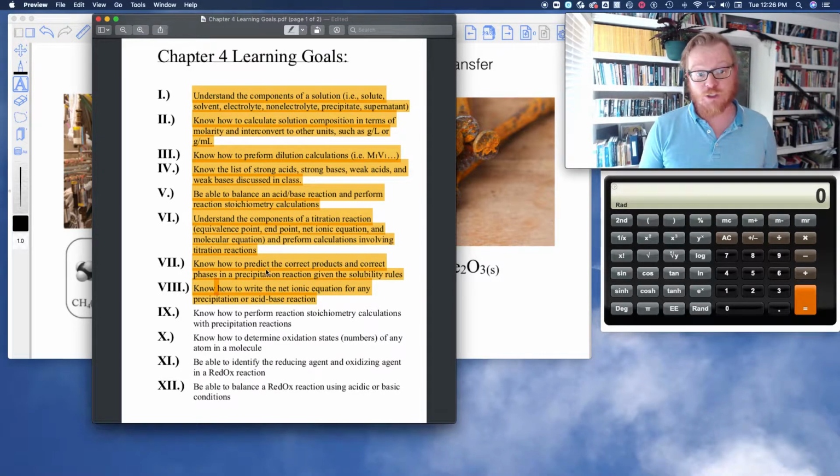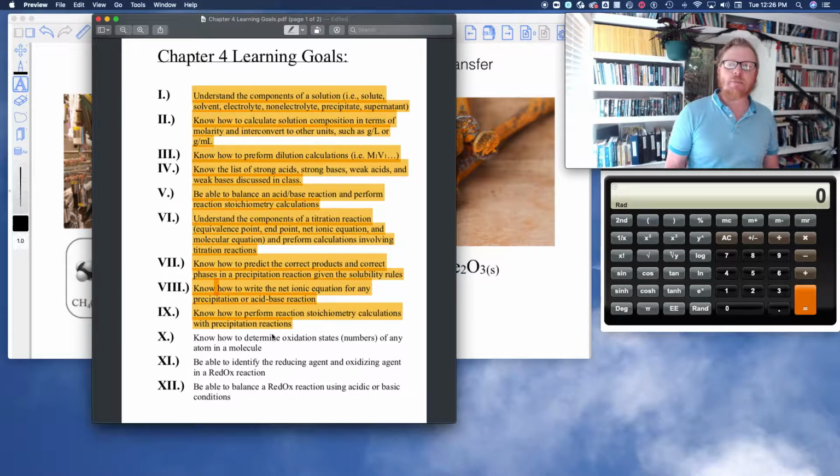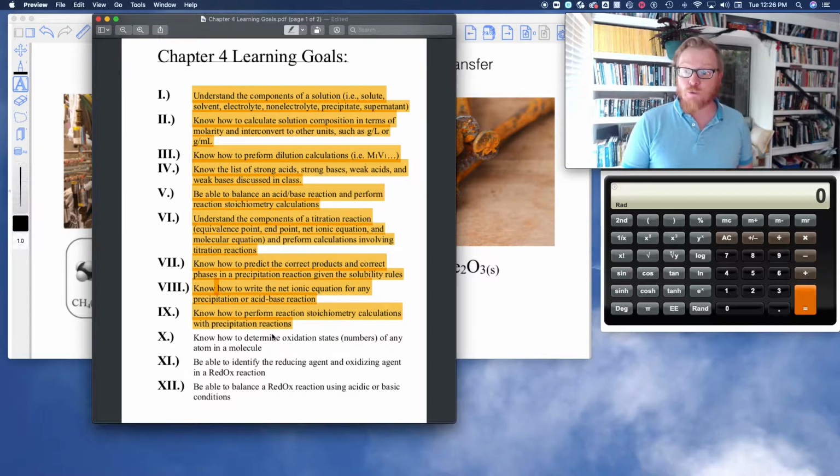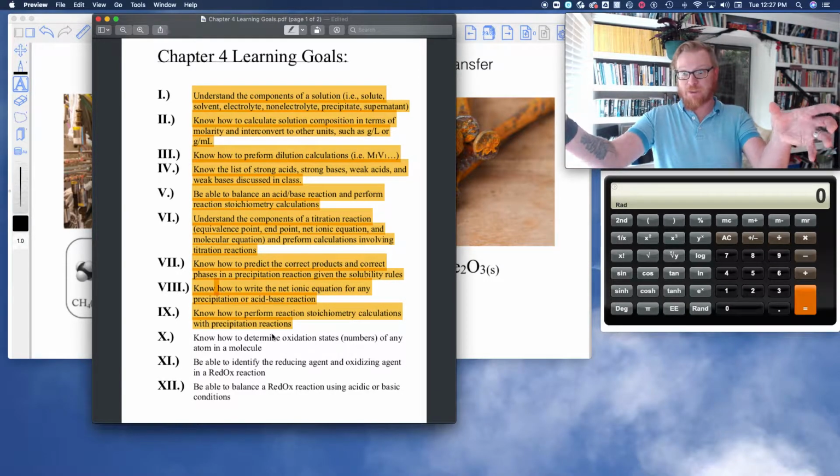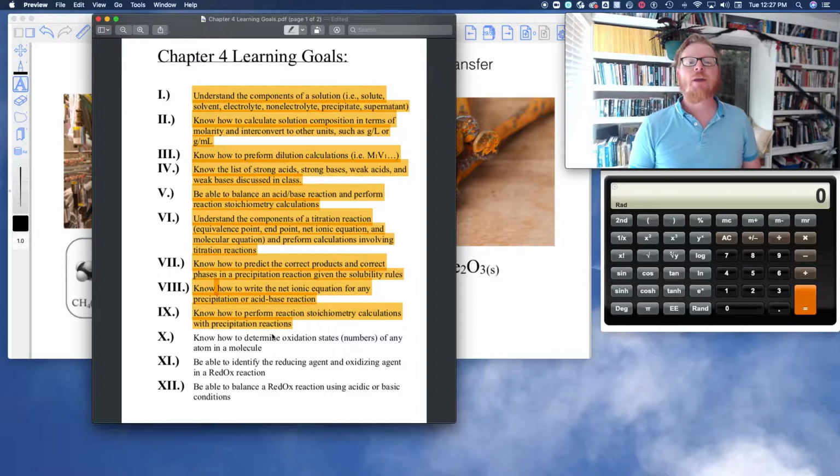Okay? And of course, just like in the acid-base reactions, know how to do stoichiometry calculations with precipitation reactions. And again, typically in these types of reactions, these solution reactions, where you take a beaker of solution A and mix it with a beaker of solution B, you're going to have a volume and a molarity.